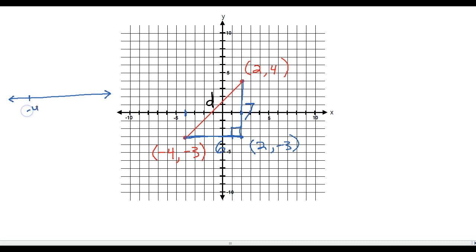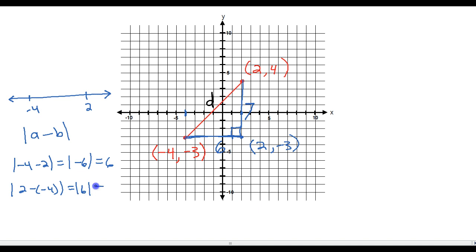Remember, when we were doing number lines earlier this year, the distance between 2 points is the absolute value of a minus b. So in this case, it would either be the absolute value of -4 minus 2, which is the absolute value of -6, which is 6, or the absolute value of 2 minus -4, which is also the absolute value equal to 6.